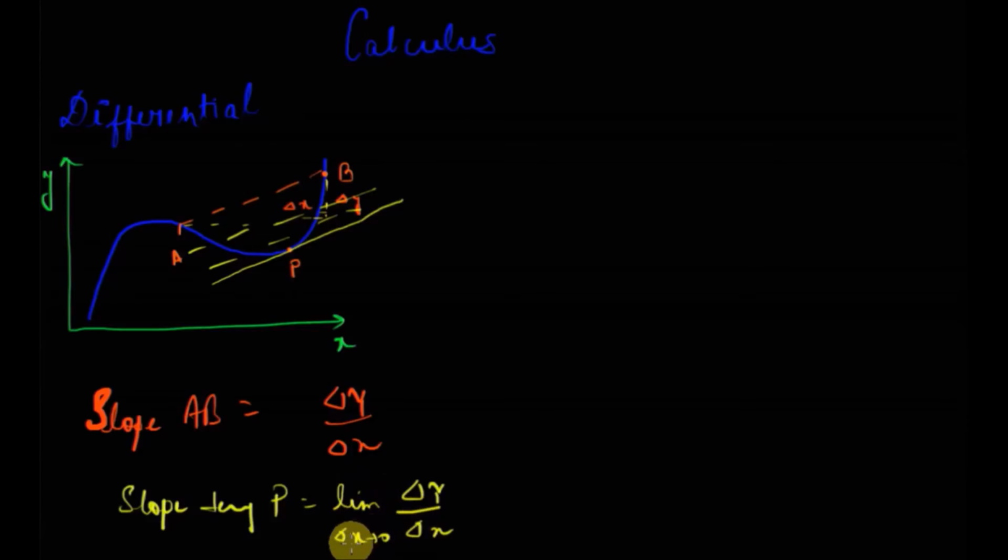This term is called dy by dx at x is equal to P. So dy by dx at x is equal to P is essentially limit delta y by delta x such that delta x tends to 0. So when I say dy by dx at x is equal to P, it means the slope of the tangent at point P, right? Another way to interpret dy by dx is the rate of change of y with respect to x.